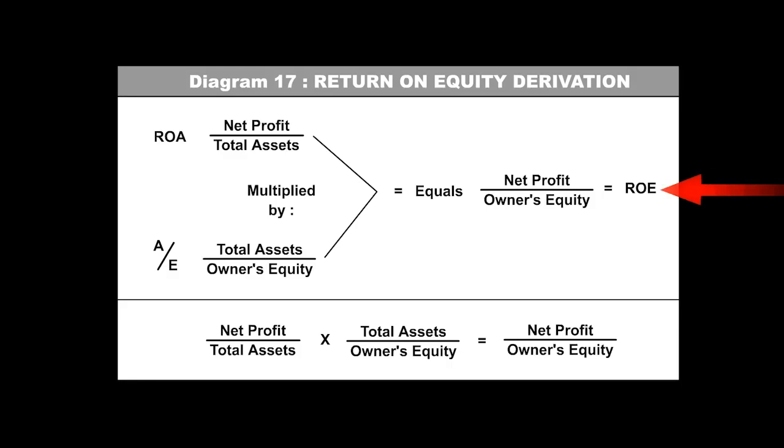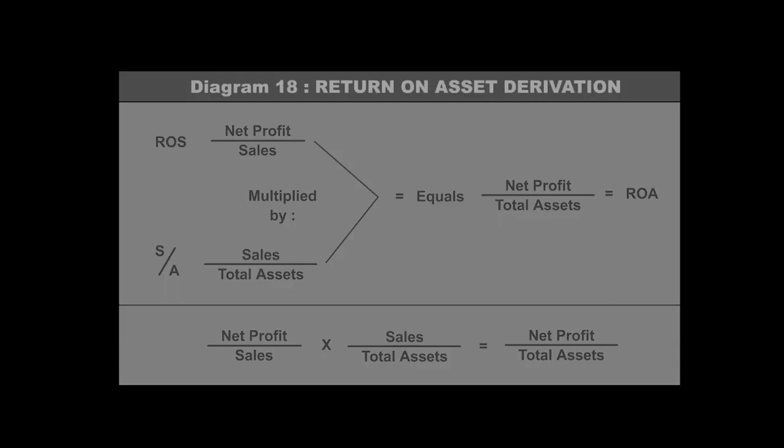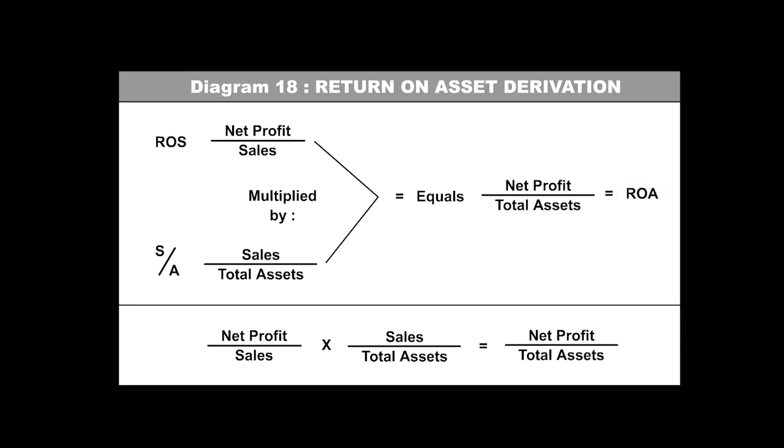Let us compute the ROE using ROA and total assets over owner's equity. In turn, the ROA is the net effect of the return on sales, or net profit over sales, multiplied by the asset turnover ratio, or sales over total asset.